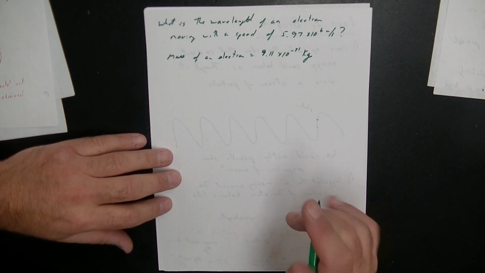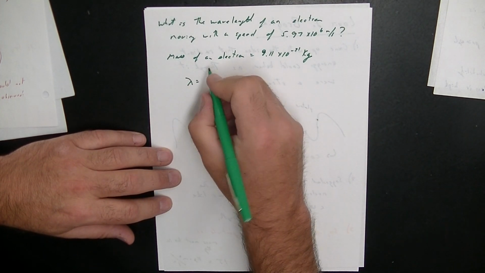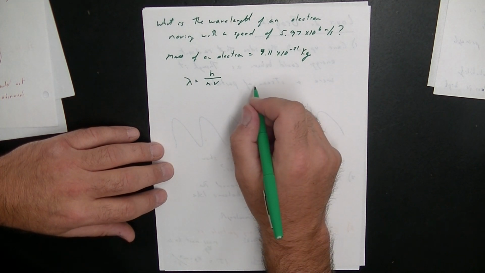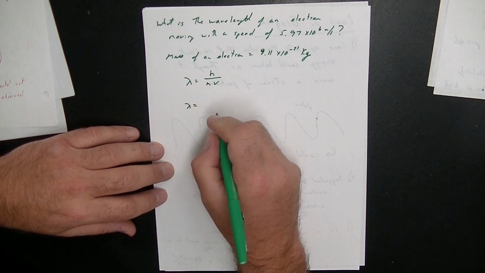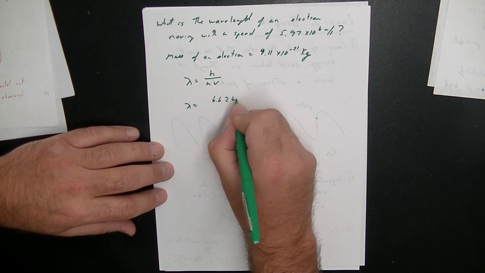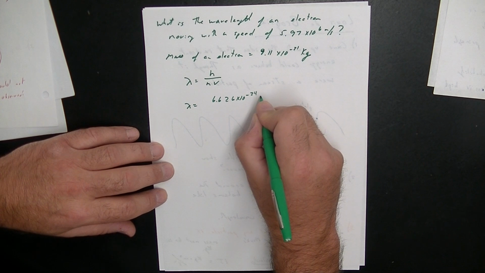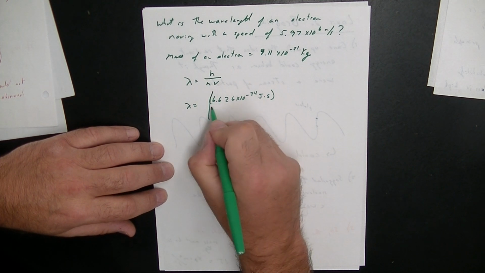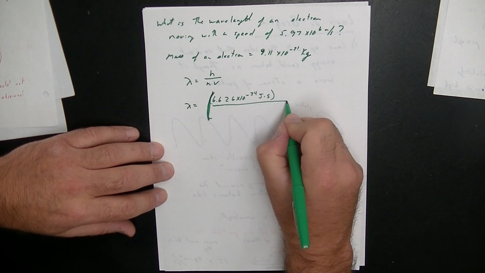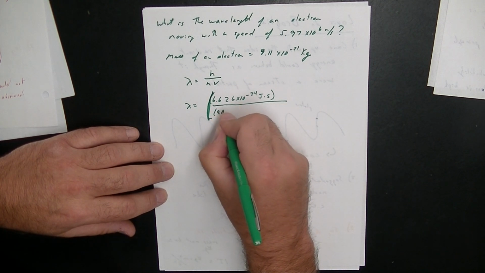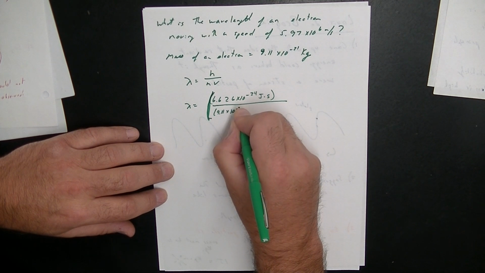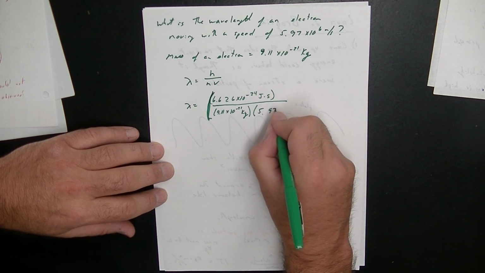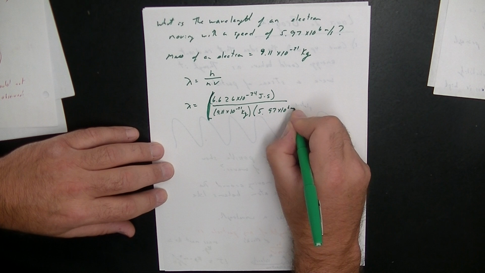Now, wavelength equals h over mv. So wavelength equals 6.626 times 10 to the negative 34th joule seconds, in parentheses, all over the mass of 9.11 times 10 to the minus 31st kilograms times 5.97 times 10 to the 6 meters per second.